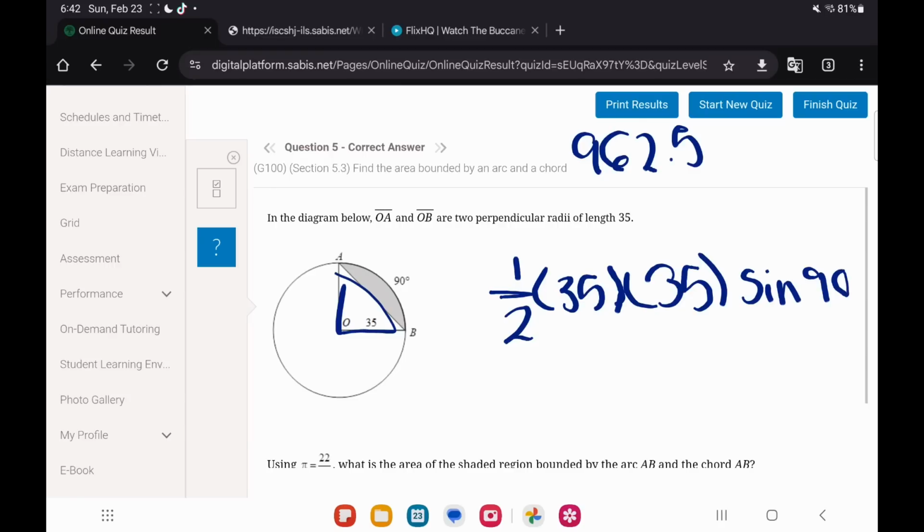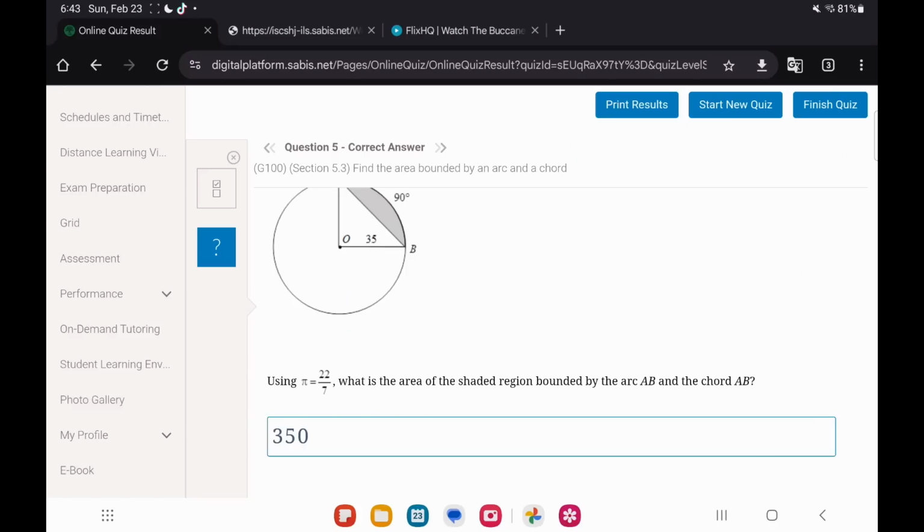You get 612.5. Now do it on your calculator: 962.5 minus 612.5. You get 350, and that's your answer.